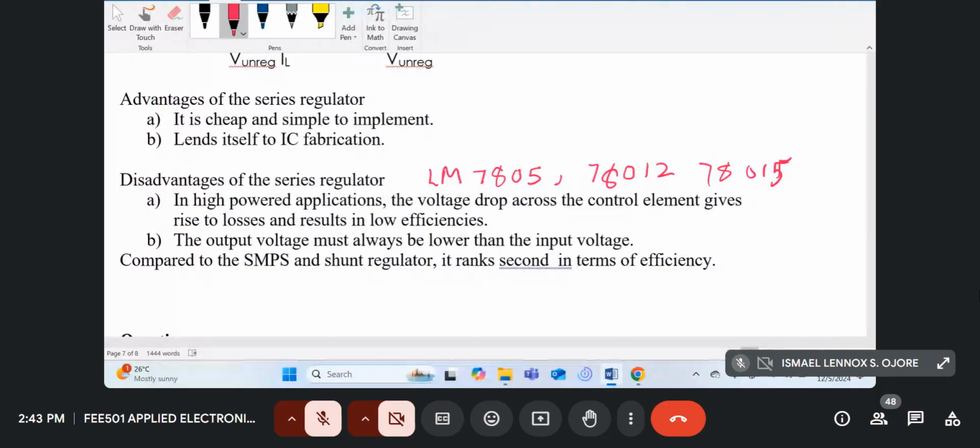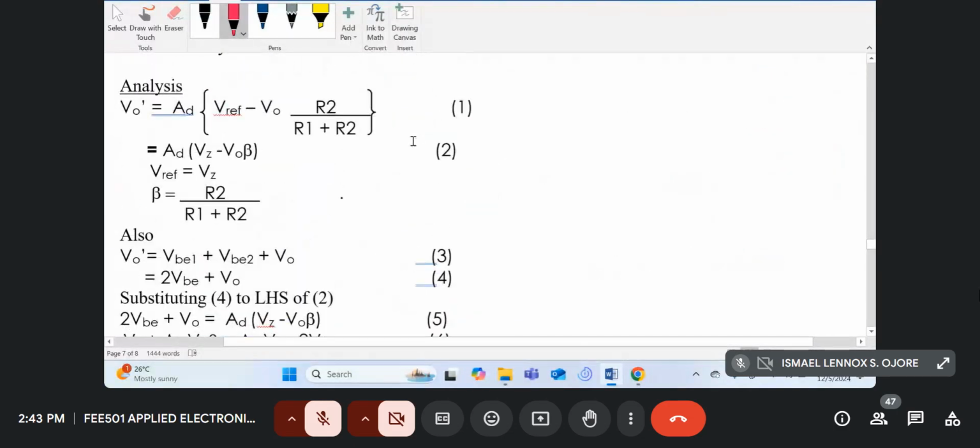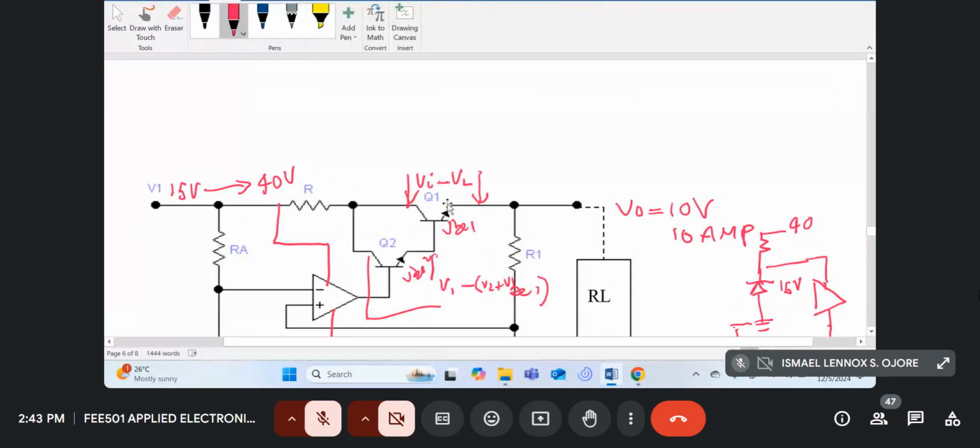Remember, with the power transistors, of course, most of the time, this transistor over here, Q1, when the transistor is completely on, for a silicon transistor, we call this voltage VCE sat, which is typically 0.2 volts.